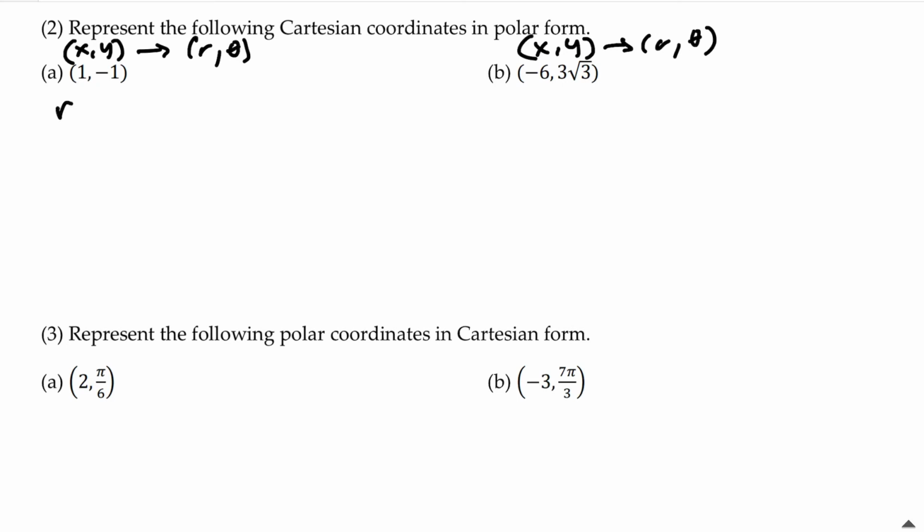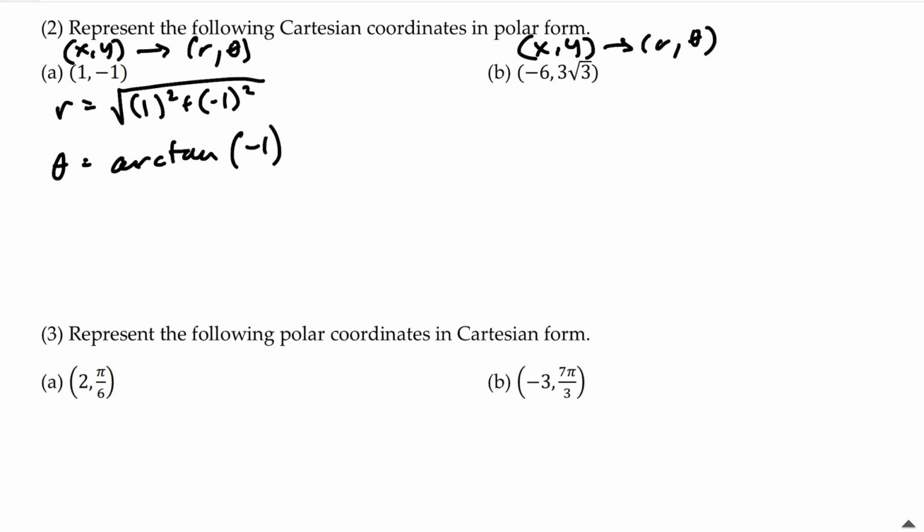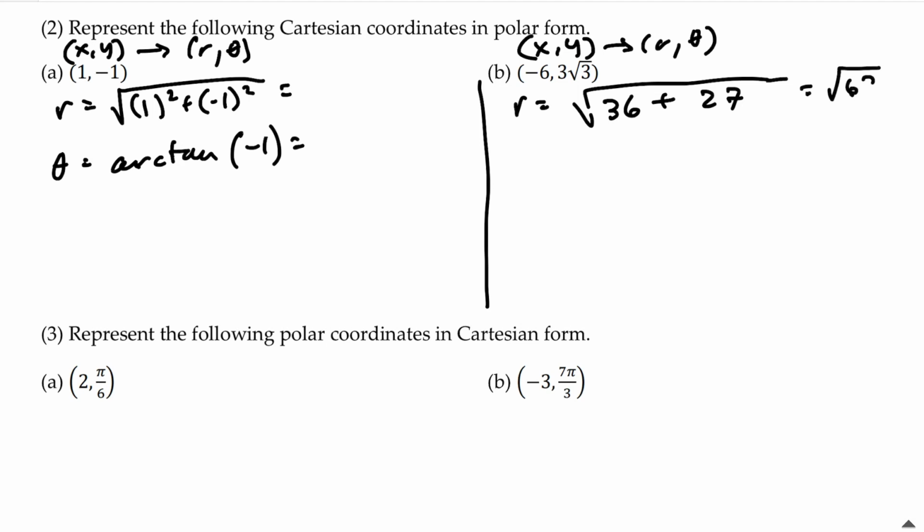So r is going to equal the square root of the sum of the squares of x and y, and theta is going to be arctan of y over x, which is just going to give us negative 1 over 1, which is negative 1. And then for b, we're going to have r is equal to the square root of 36 plus 27, so we get radical 63, so almost 8.